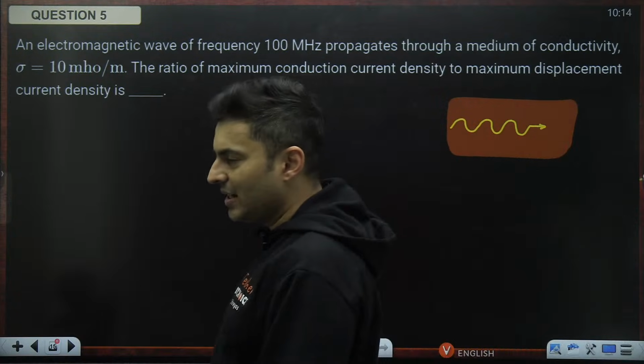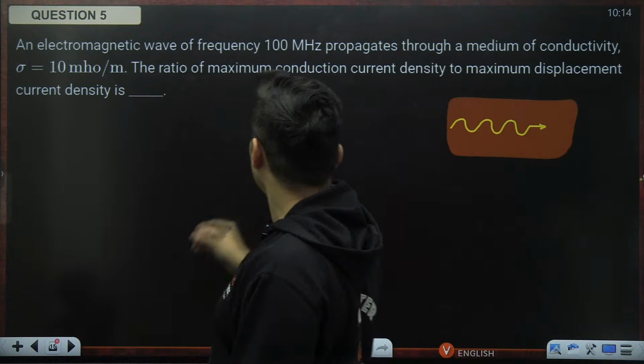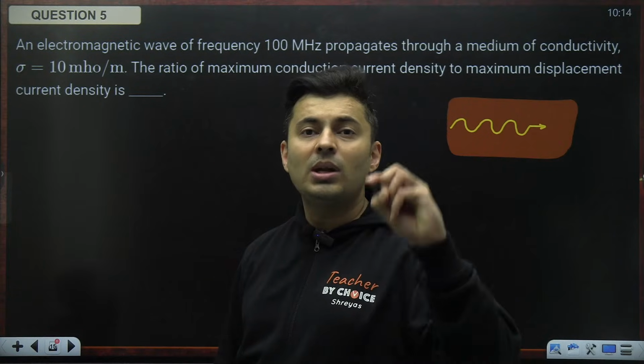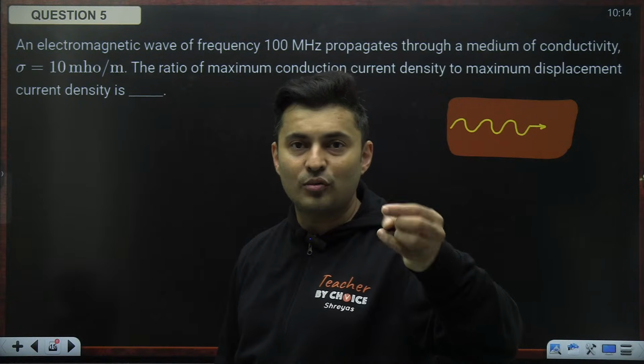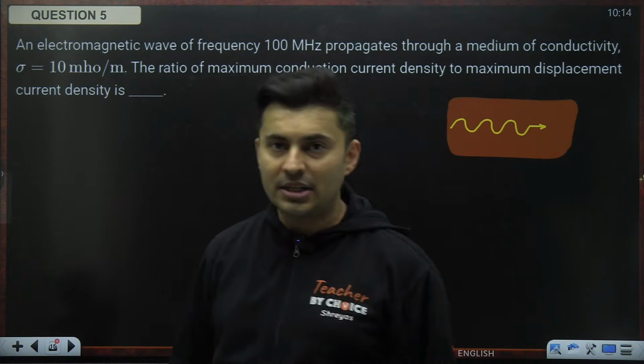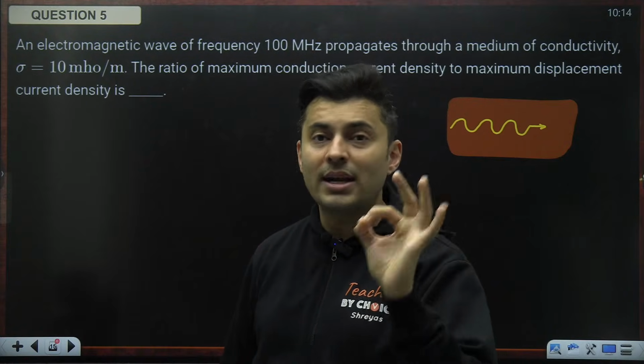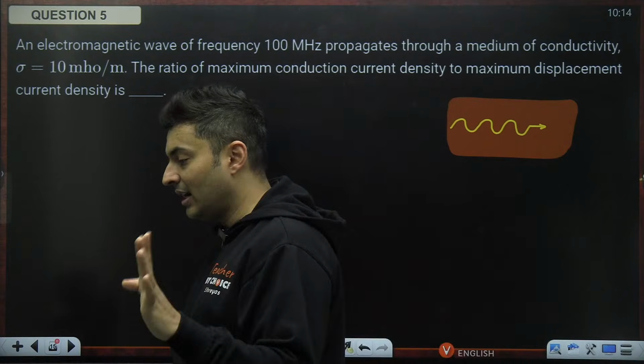Well, let's understand how I find out the conduction current density. Conduction current means regular flow of charges which happens. That is your conduction current. That density, meaning your regular current density, is what has been asked.